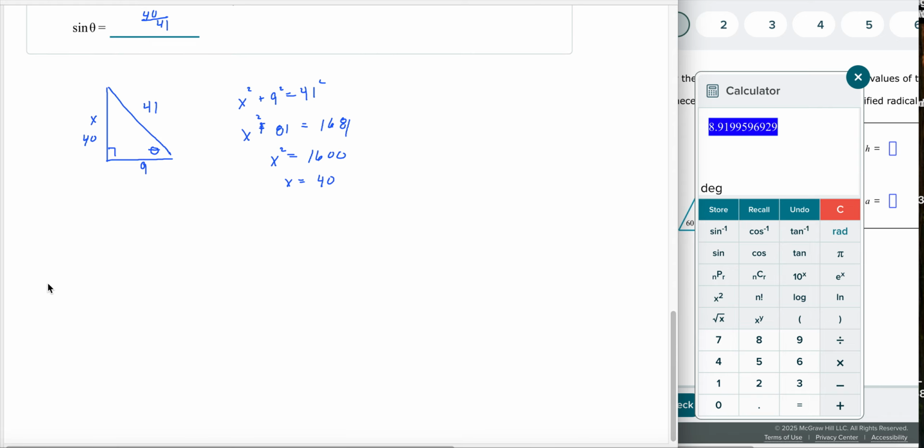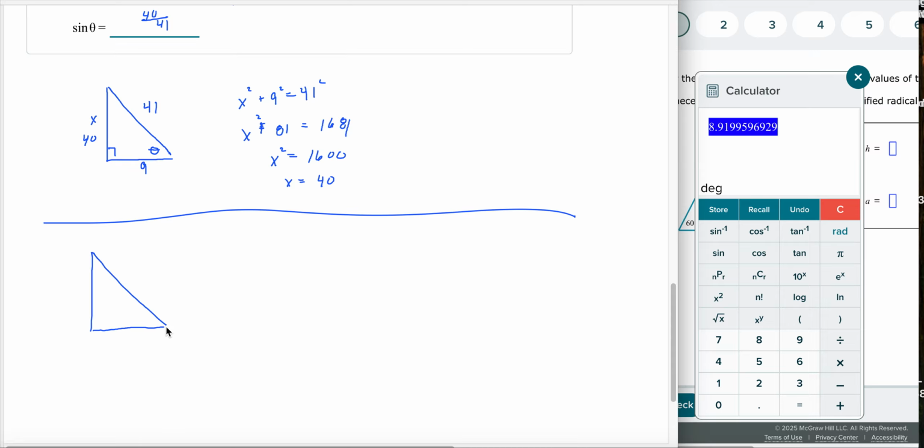All right, and the last thing we're going to talk about are some special right triangles. So two special right triangles that we're going to use over and over again throughout the course are our 30-degree, 60-degree right triangle and our 45-degree, 45-degree, 90 right triangle.